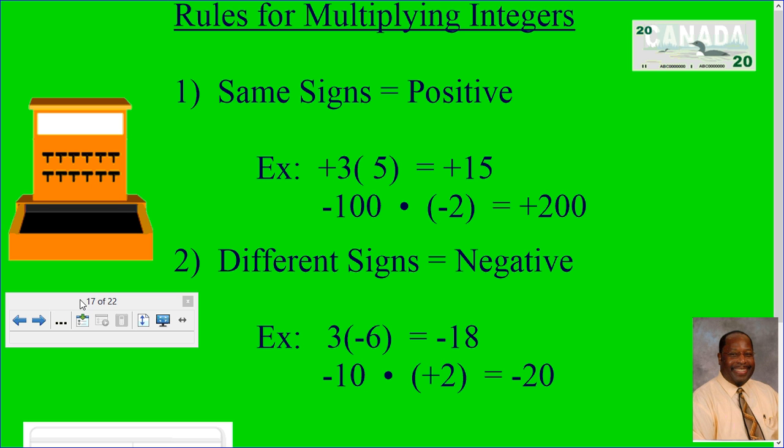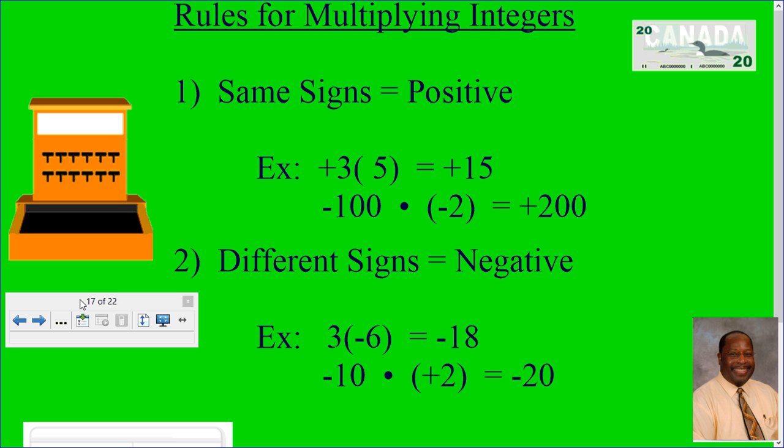Rule number 2, different signs. Different signs equal negative. So when we're multiplying different signs, that gives us a negative value. Example, 3 times negative 6. Well, the 3 is positive because it doesn't have a sign, and we're multiplying that by a negative 6.